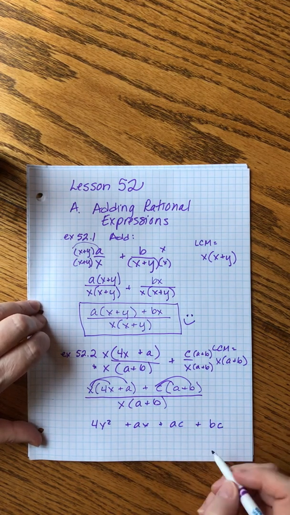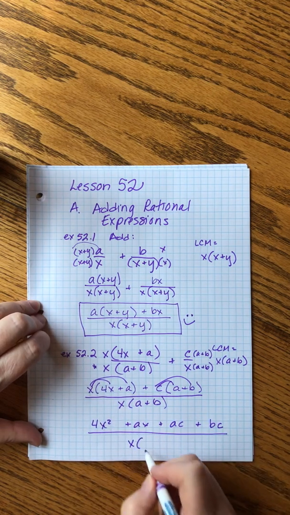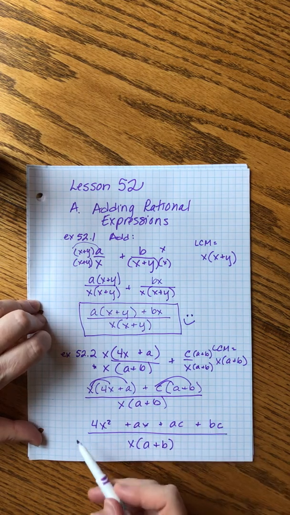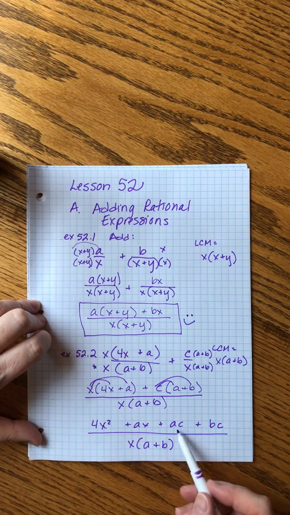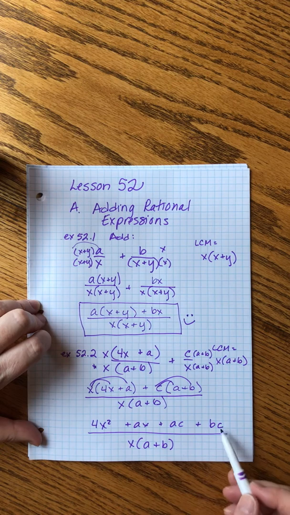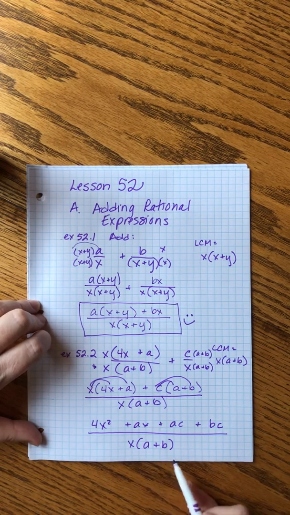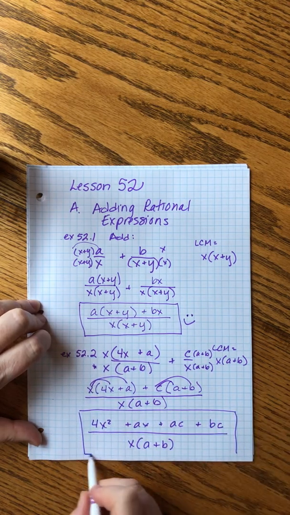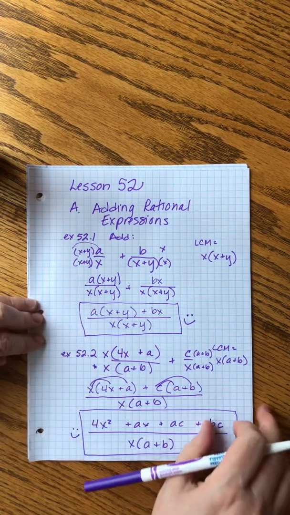He distributed the top but not the bottom, so I'll leave my denominator undistributed, and now let me check. 4x squared plus ax plus ca, he has it in the opposite order, plus cb, opposite order, over x times the quantity a plus b. So this is the format his answer was in. I easily got there by distributing my answer. So, yay.